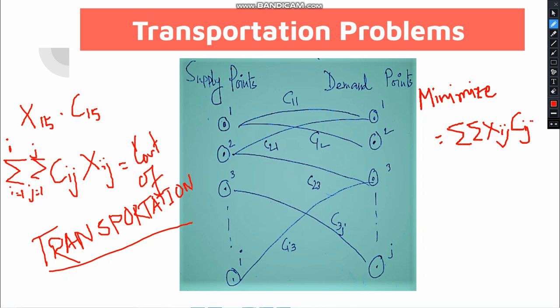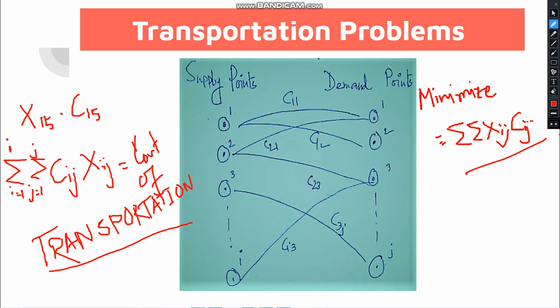This will be our objective. Now any LPP will have some constraints. There has to be some set of equations depending on which this problem has to be solved.